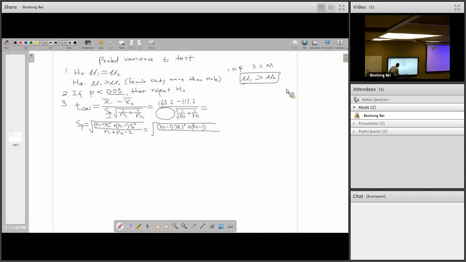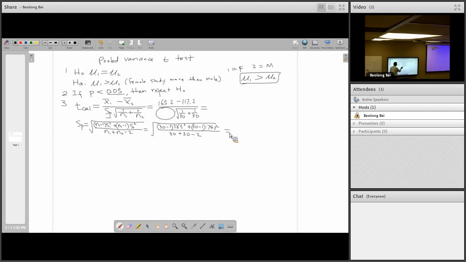So that will be 56.5, and then this is 74.2. Take a square, right? n1, 30, n2, 30, and minus 2. So I hope you're able to calculate this in your calculator.